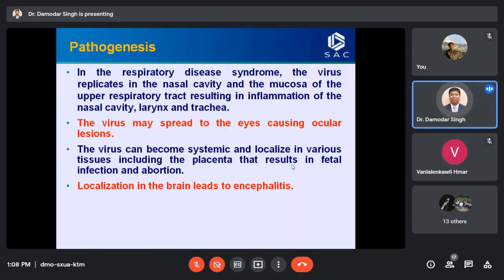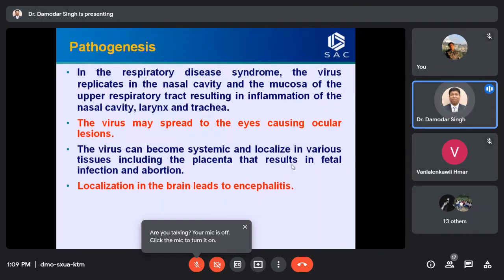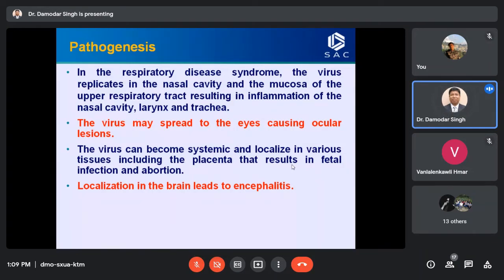That may lead to inflammatory reaction of the nasal cavity, larynx, and trachea. Then the virus spreads towards the eyes, leading to ocular lesions like conjunctivitis with excess lacrimation and ocular discharges, right?